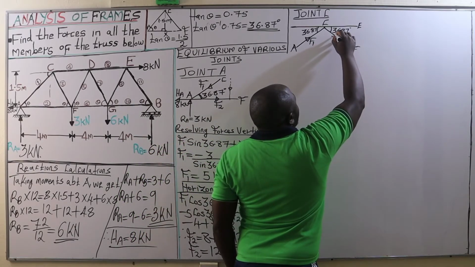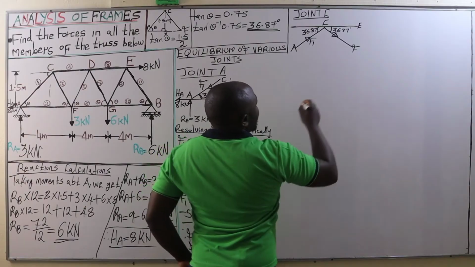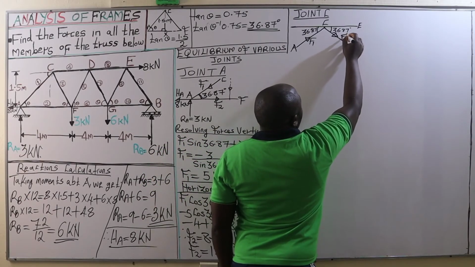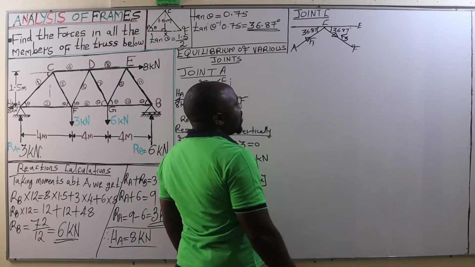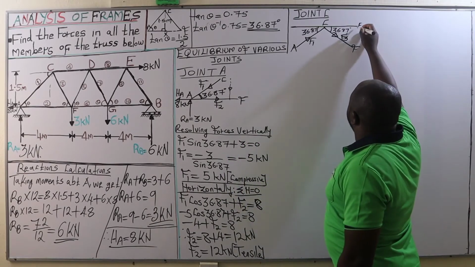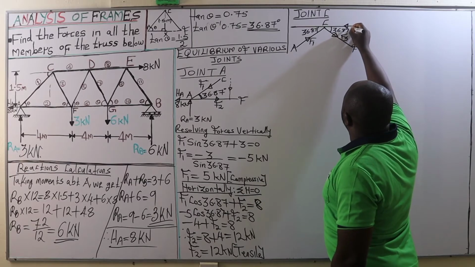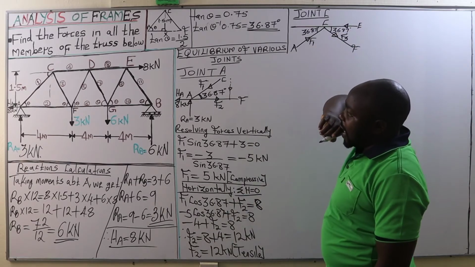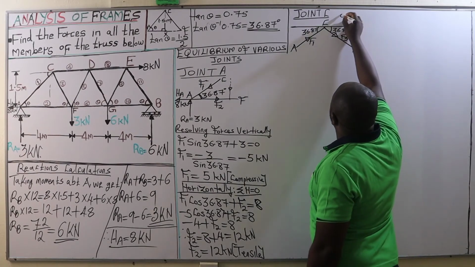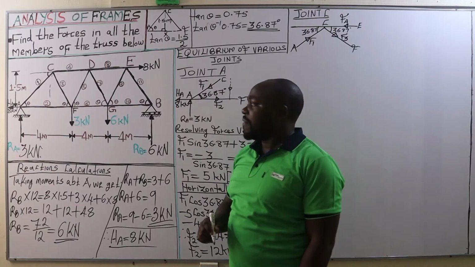Then let's assume that on member CF we have a tensile force, and that is our member 3, and therefore that is going to be a force F3. Now, on member EC, we are going to assume that we have a compressive force, and that is our member 4, therefore that's going to be F4.